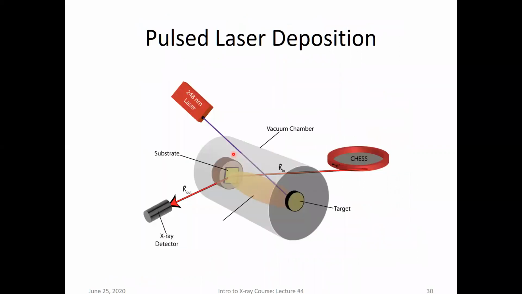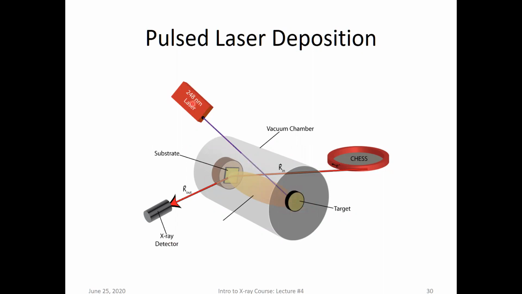The basic idea of pulsed laser deposition is deceptively simple. You start with a substrate here, whatever I want to grow my thin film on, and I usually have that sitting on a heater so that I get good diffusion when stuff lands. Then I have a target. This is the material I want to deposit. It could either be a powder or a single crystal, doesn't matter.